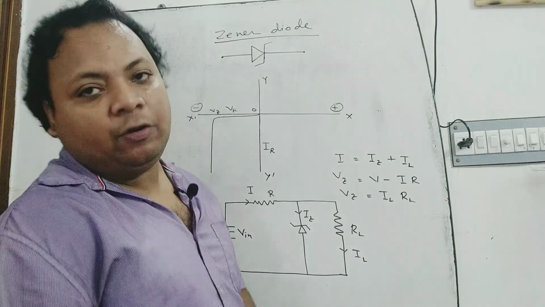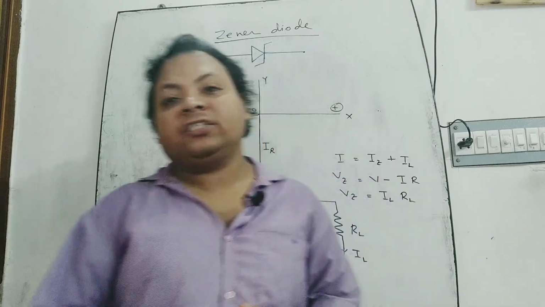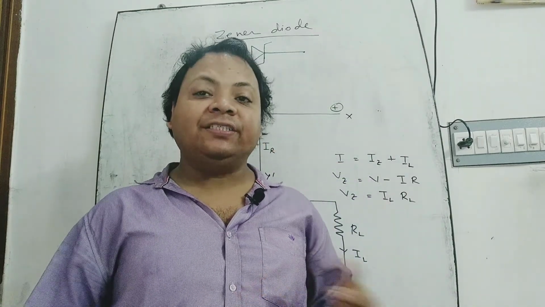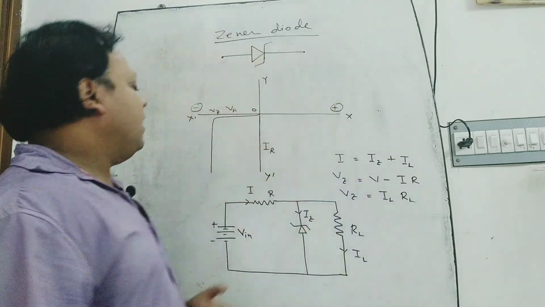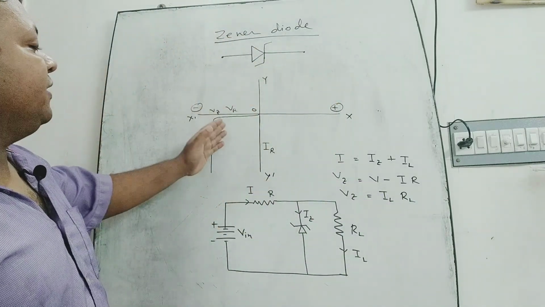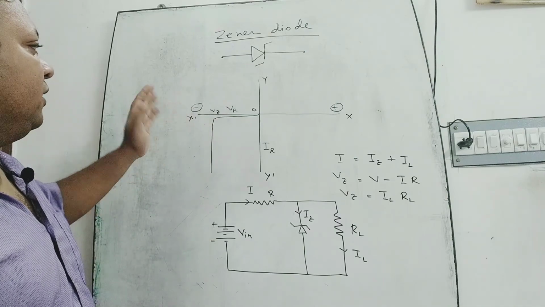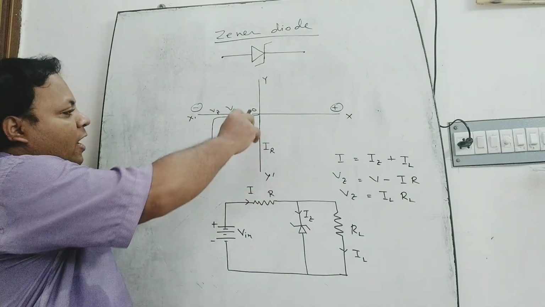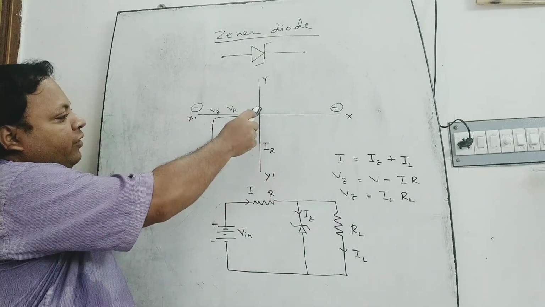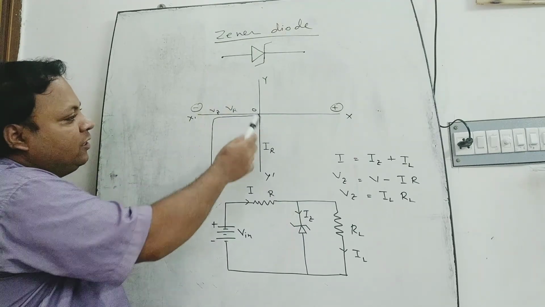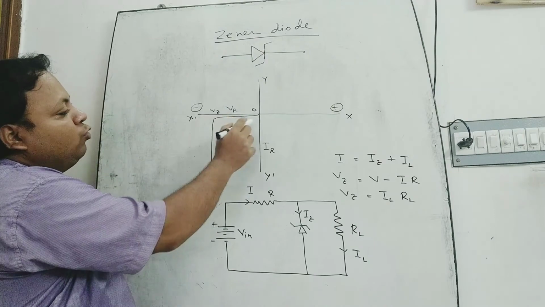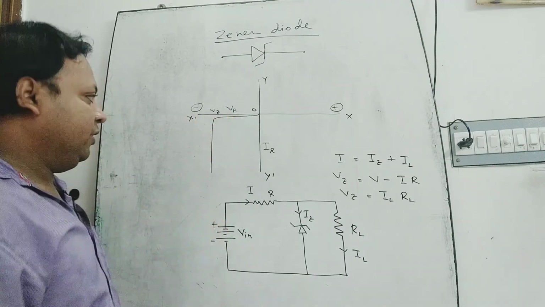Next, the Zener diode. In my previous video, I already discussed the Zener effect. You know that when the diode is connected in reverse bias and the reverse potential difference increases, the reverse current does not increase sufficiently.